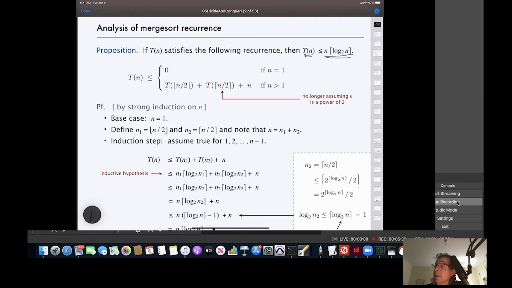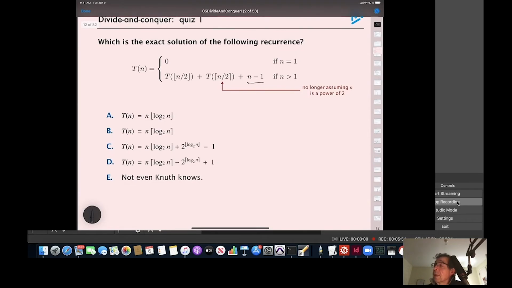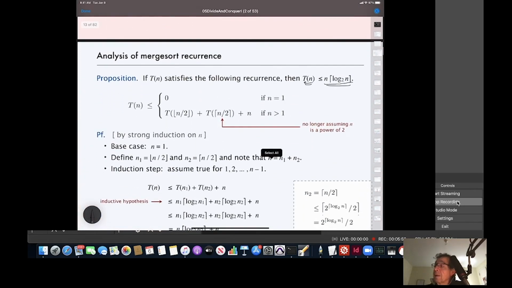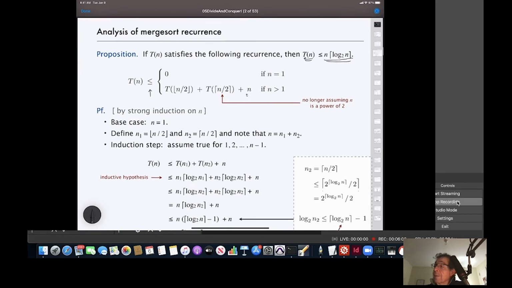Well, the recurrence would be written in a similar way, only we have to change the equal sign to less than or equal. And the n minus 1 from the previous formula can be substituted by n with no effect on the direction of this sign. So the right hand side will still be bigger than the left hand side.